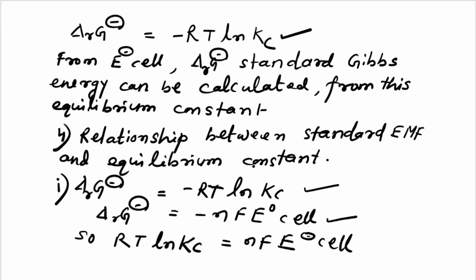How? Both are linked. In this equation you are not finding any E0 cell, but you can calculate ΔrG0 equal to -RT ln Kc, where Kc is the equilibrium constant. And from this you can calculate ΔrG0, that is -nFE0 cell.